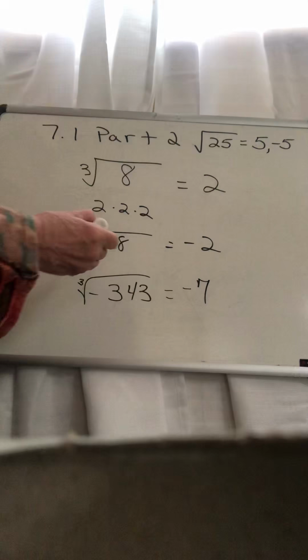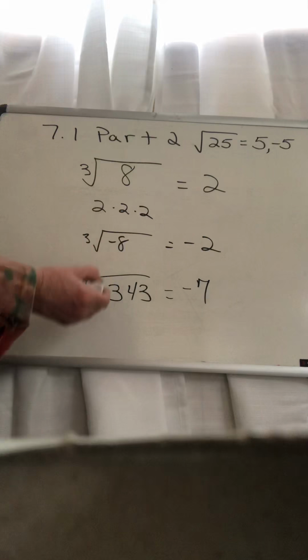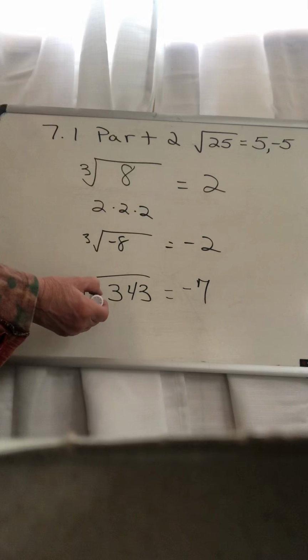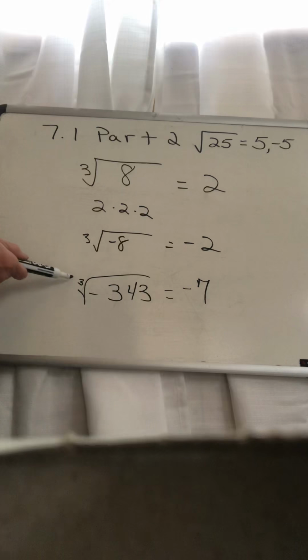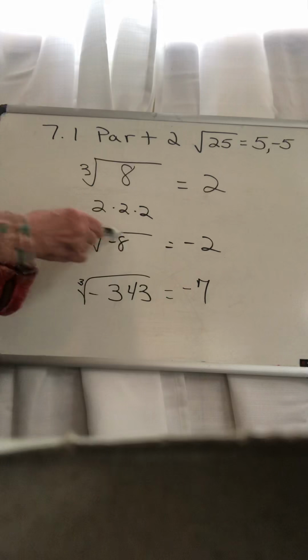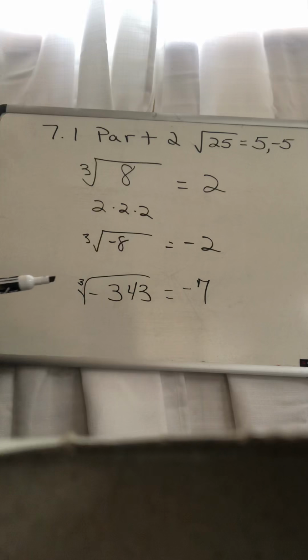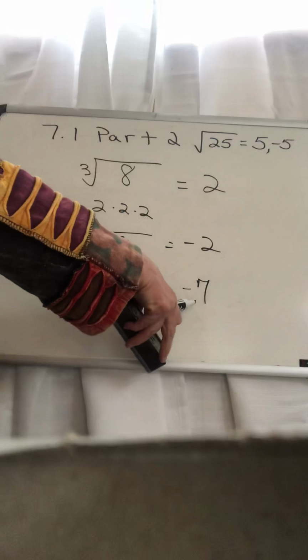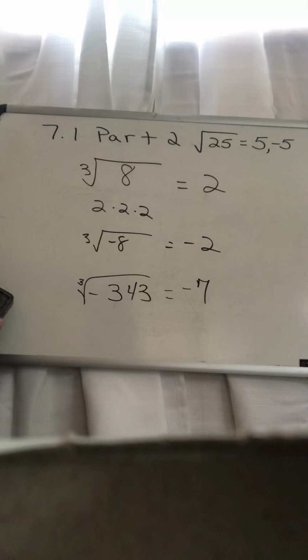Also, I'm sure you've already noticed this, that we've got a negative 8 and a negative 3. The difference is we're talking about cubed roots. We're not talking about a square root. So remember, with a square root, we don't have negatives inside the radicand. But with a cubed root, you can, because you can actually find the root of that, and it could be a negative number.